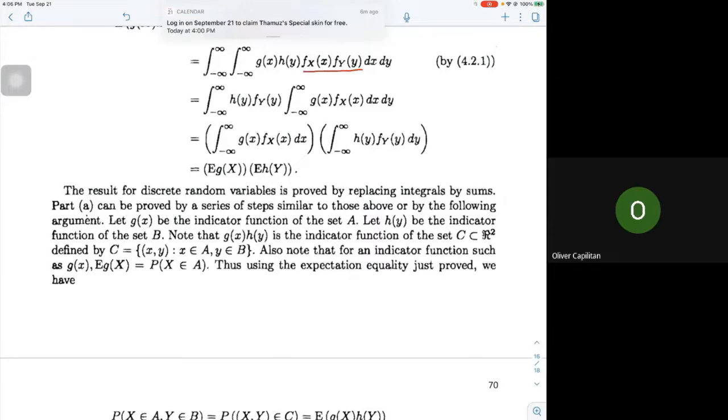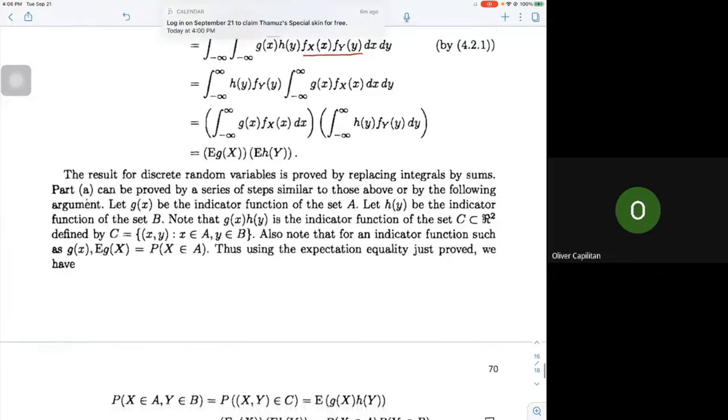But we have another way of proving part A. So for part A, say we let g of x be an indicator function of set A. So when we say indicator function of set A, we can have g of x here to be equal to the indicator function of x on set A. And this is equal to 1 if x here is an element of A, and then 0 otherwise, x is not an element of A.